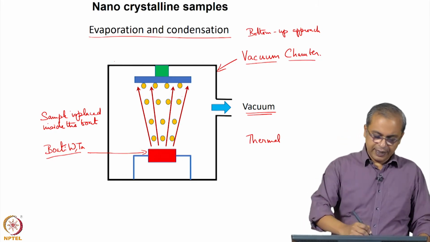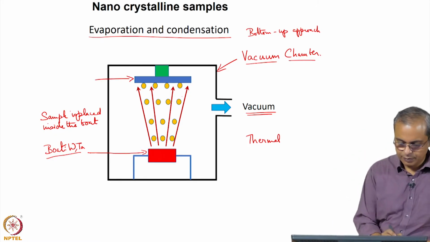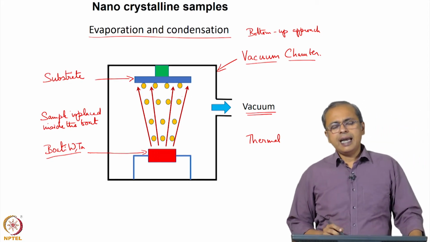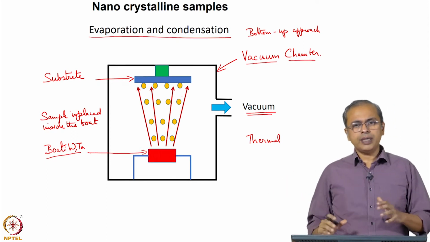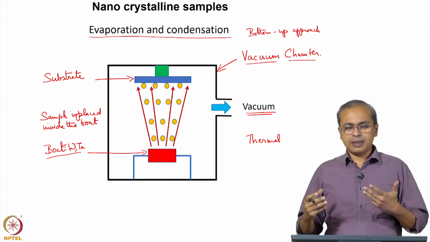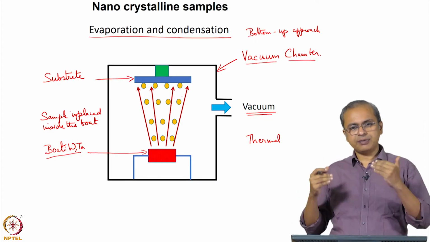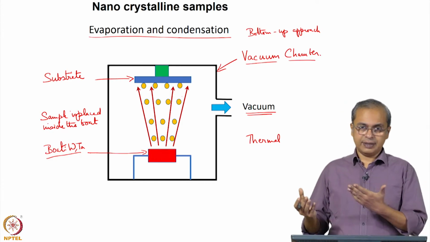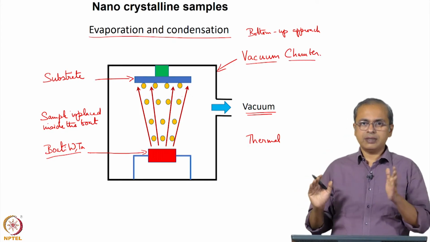Then we have a substrate. The substrate could be a variety of different materials, it really depends on what experiment you are doing. You could have a piece of glass, quartz glass, some ceramic material, or some other metal surface. Basically it is the surface on which the condensation is going to happen.